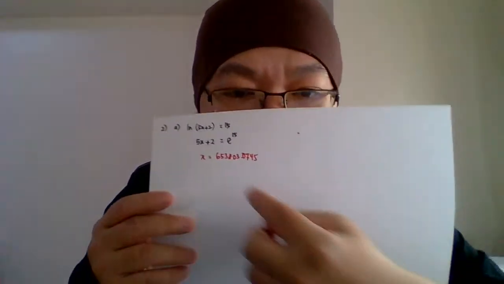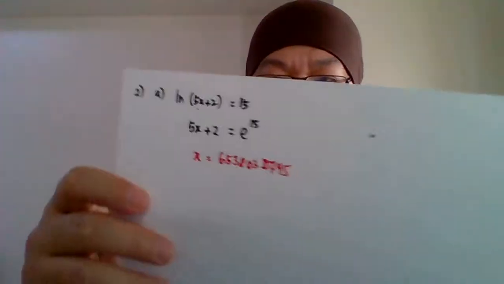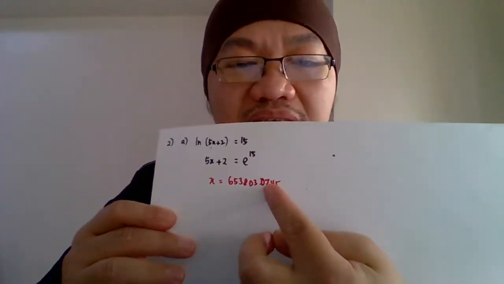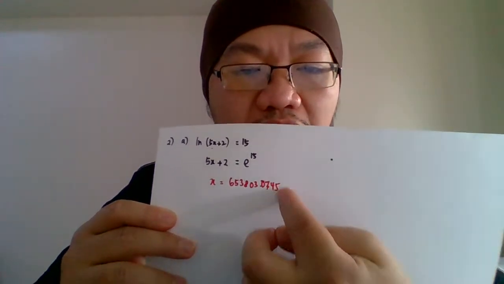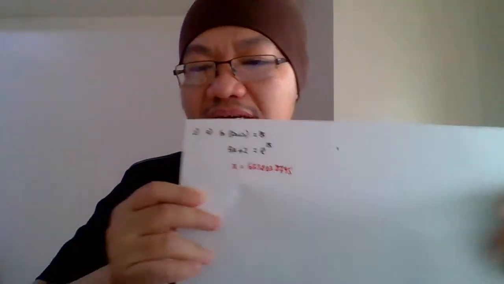Give your answer to 3 decimal places. How many decimals did I get here? 4 decimals. So please round off the answer. This is not the answer actually. You need to round off to 3 decimal places. Syuhan already got the answer before.